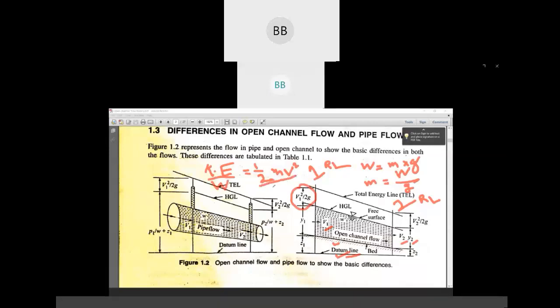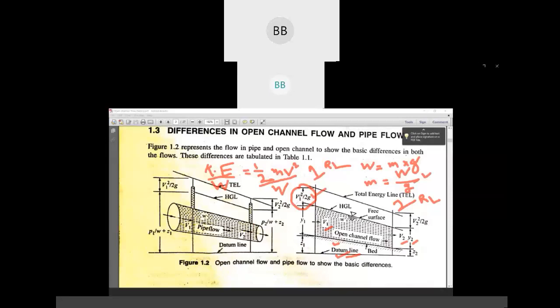So we have to divide this by weight. So mass we replace by W by g. This weight will be cancelled out, and the remaining term will be V square by 2g.